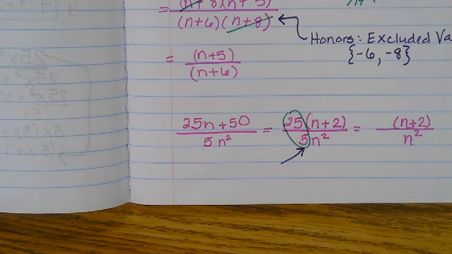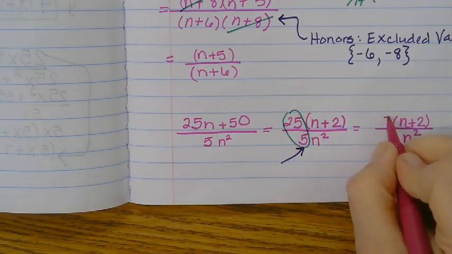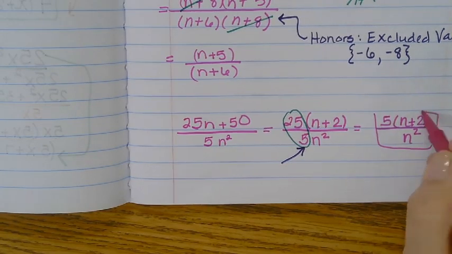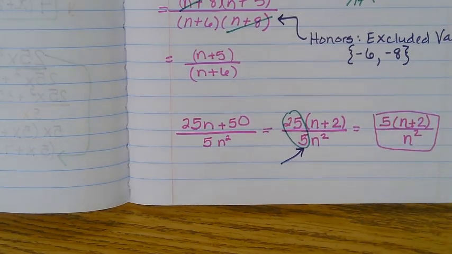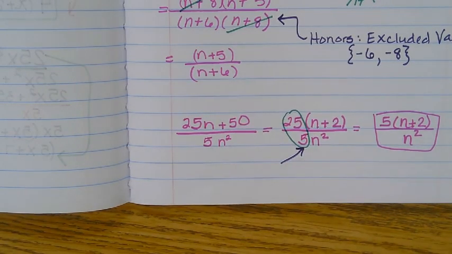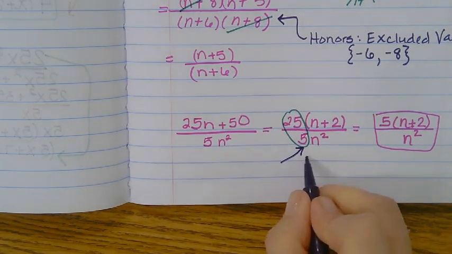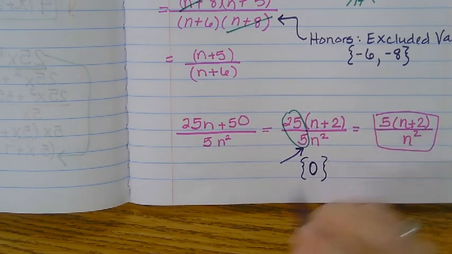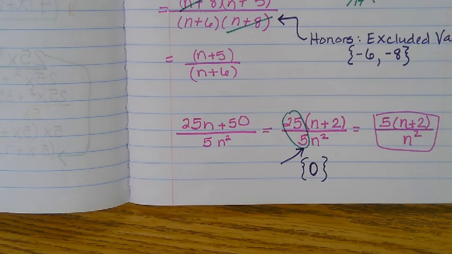Yeah, we can just divide it, and then the 5 would be in the numerator. So that would be your simplified version. So honors, going back to here, what are your excluded values? Again, it would be just 0 there. Do you guys see why? Because it would be making that denominator 0.